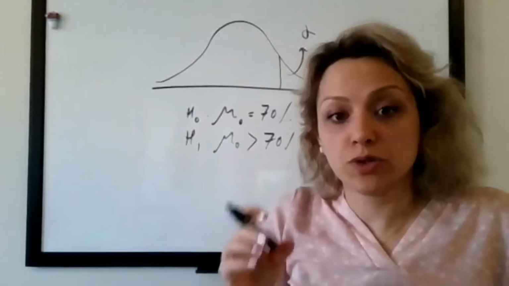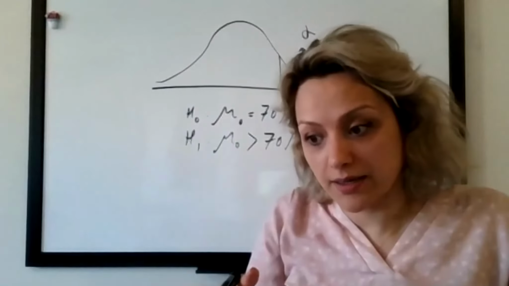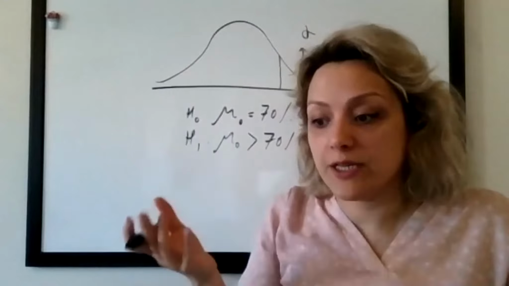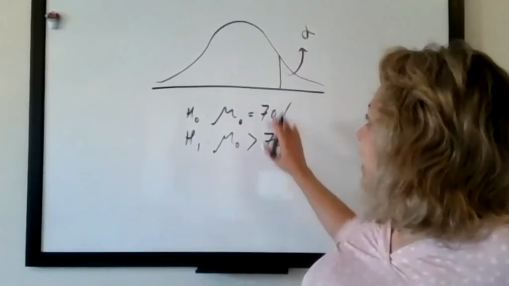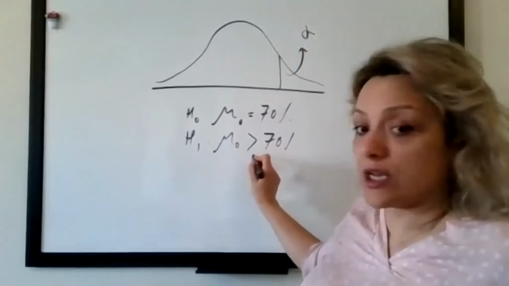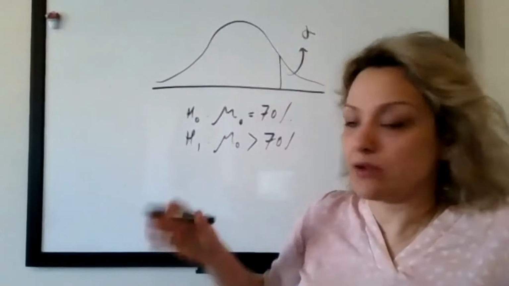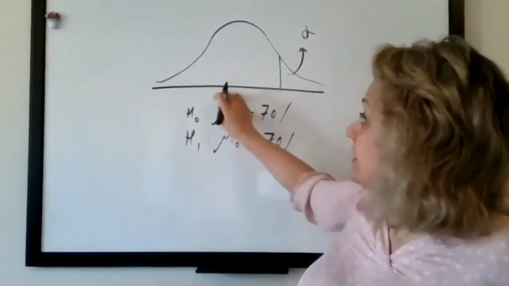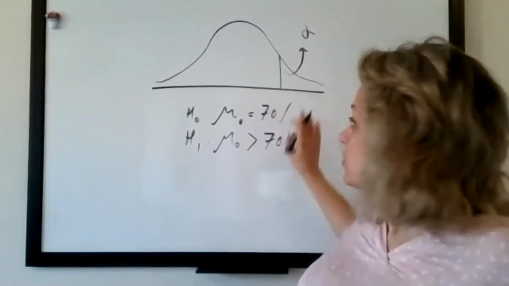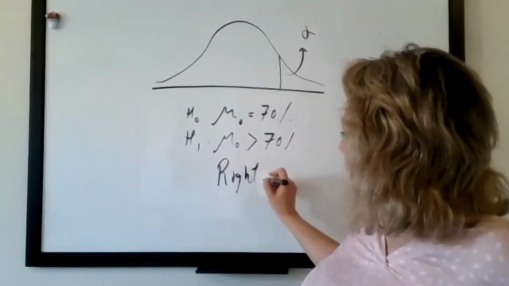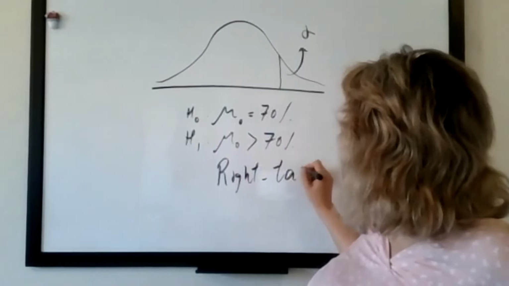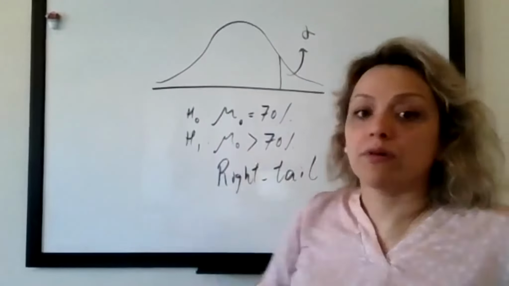The alpha will go to the one side. And it's very similar to the one side or one tail of the confidence interval. So we would draw it like this for a situation like mu is greater than some value. For this one it is on the right, so I'm going to call it right tail, or right-sided.